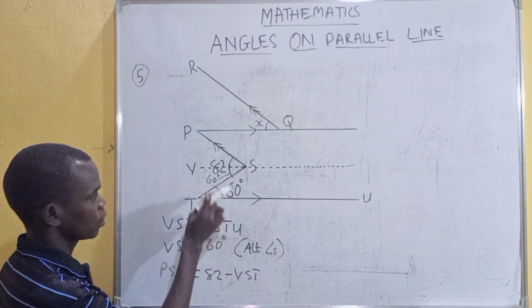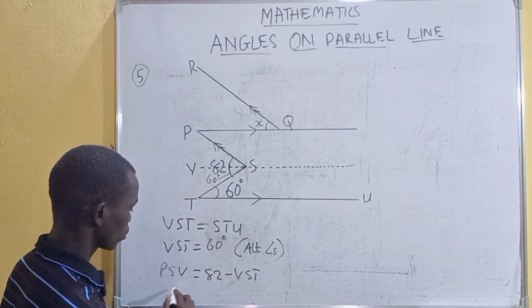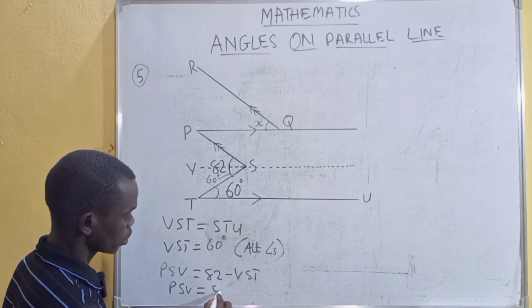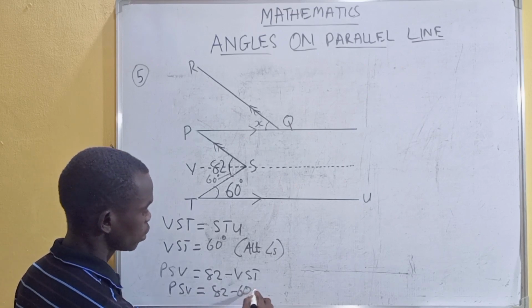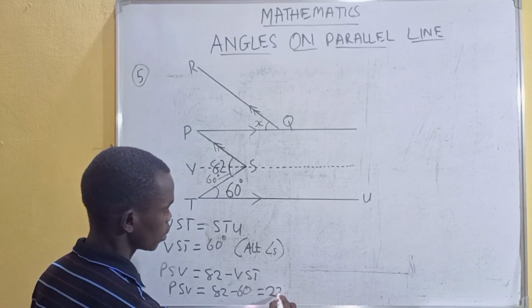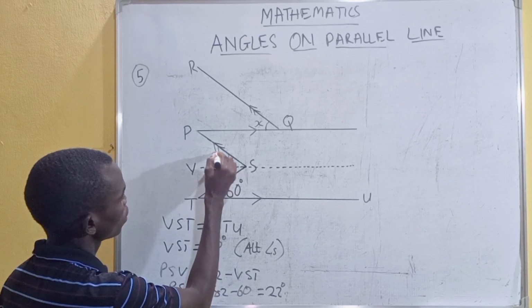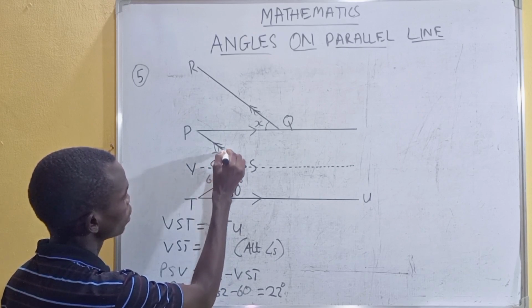And our VST is equal to 60 degrees. So PSV will now be equal to 82 minus 60 degrees, which is equal to 22 degrees. So this other part will now be 22 degrees.